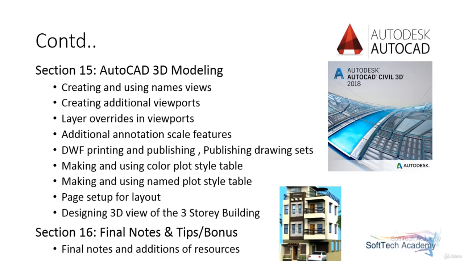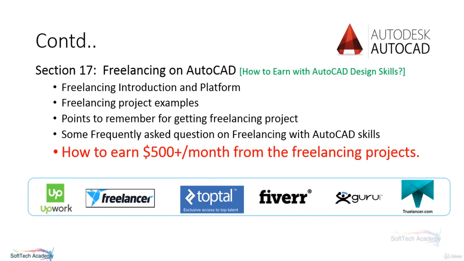Section 16 is some tips and notes, and section 17 is the most important. Section 17 talks about how to earn with the skills you have learned in this Autodesk AutoCAD design course. We will introduce freelancing platforms, the types of freelancing projects, and the key major points to be remembered when applying or planning for freelancing projects.